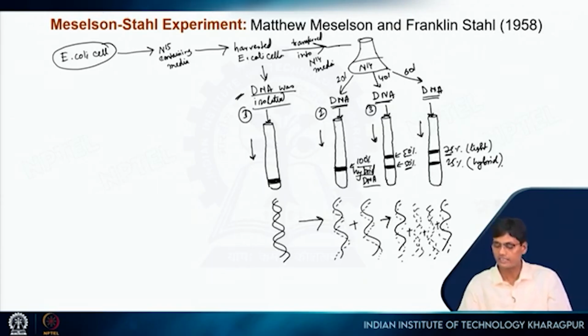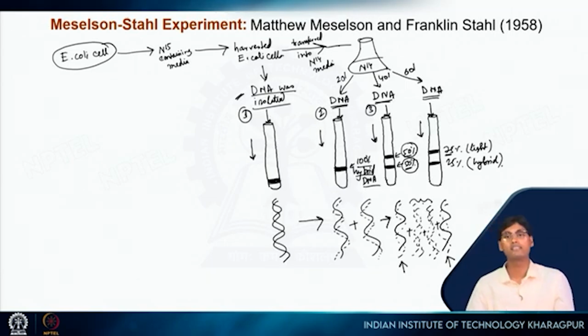Again here you can see this one with one heavy strand and one light strand. This one, heavy strand, one light strand, and here both these 2 DNA have both strands light. So as a result, 50% of the DNA here is hybrid, and 50% of the DNA, these two, is light. So these experiments together proved that DNA replication is semi-conservative.